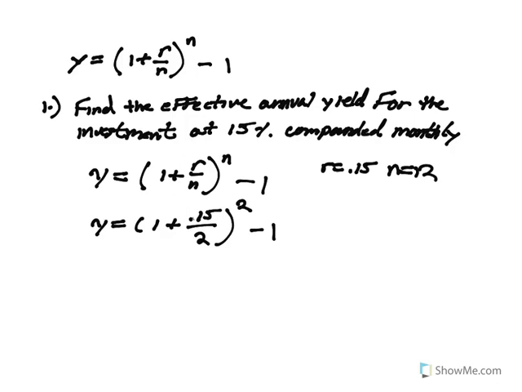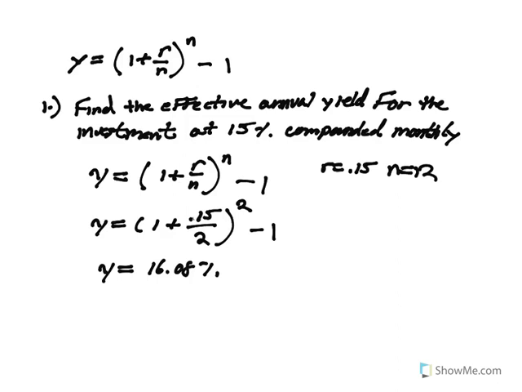Okay, so we substitute everything in. Now we're going to simplify it and then convert it to a percent. If you take 0.15, divide it by 2, and then add 1, you raise that to the second power and then subtract 1, you'll get 0.1608, I think, and you convert it to a percent, which will be 16.08%.